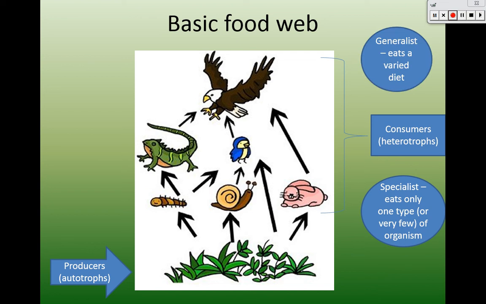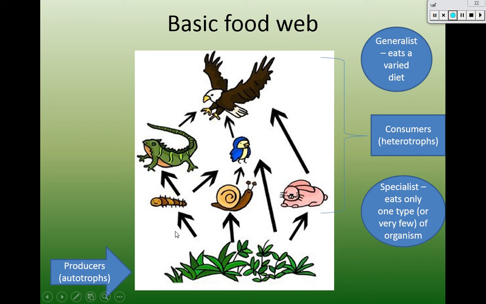And then the opposite of a specialist is what's called a generalist, and a generalist eats a varied diet. So, humans are obviously generalists, but if you look at this food web here, the eagle's a generalist because the eagle eats the lizards and the odd blue birds and the pink bunnies. Whereas the lizard here, iguana or whatever this thing is, maybe this is one species of caterpillar, and that's the only thing the lizard eats.